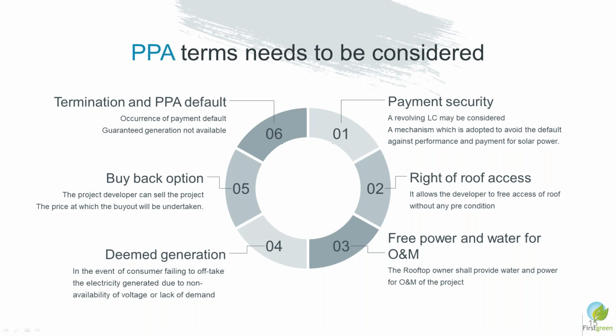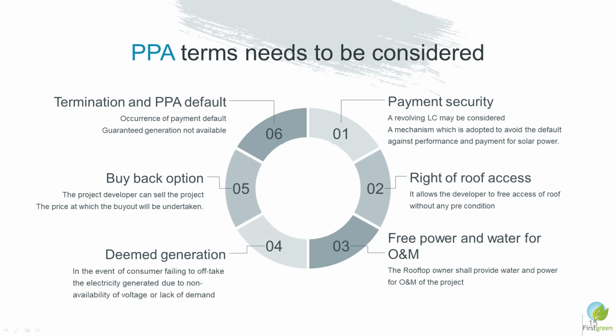One important clause which is always debated is the deemed generation. An hour before, I was having a call and we were discussing this clause with a C&I client. Deemed generation means that if I, as a rooftop owner, am generating electricity but the consumer is not able to consume it, then I should be paid even if they don't consume that electricity.